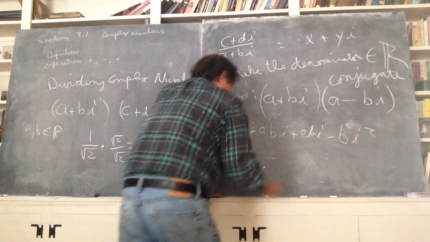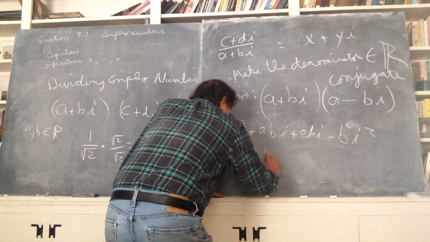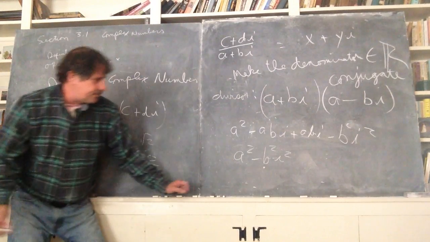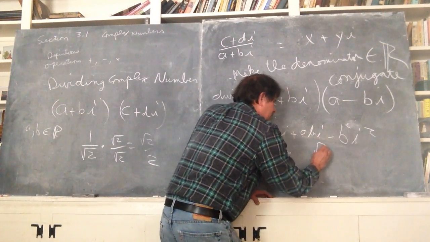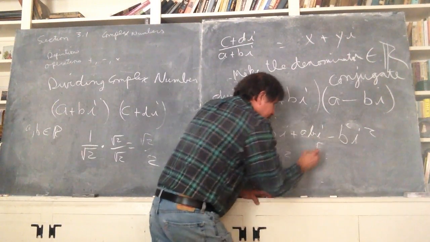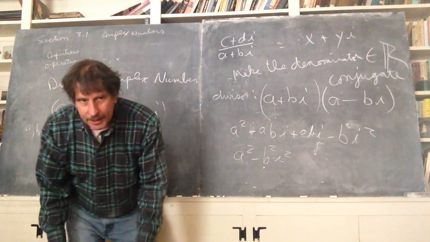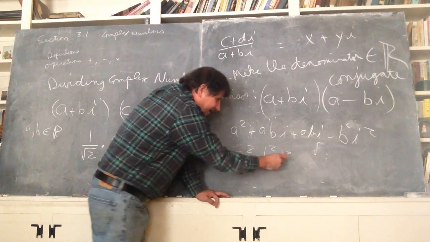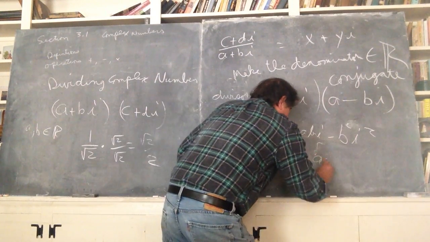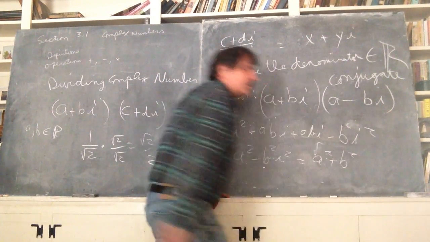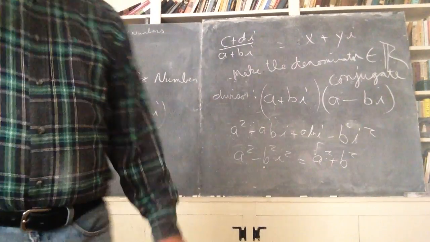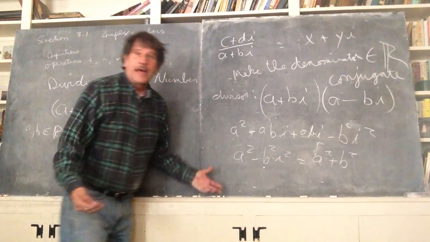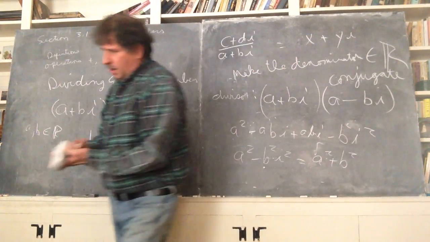So what is i squared? The definition of i is the square root of negative 1, so i squared is negative 1, and it becomes a plus. So when you multiply a complex number by its conjugate, you'll get a squared plus b squared. You'll get a real number.